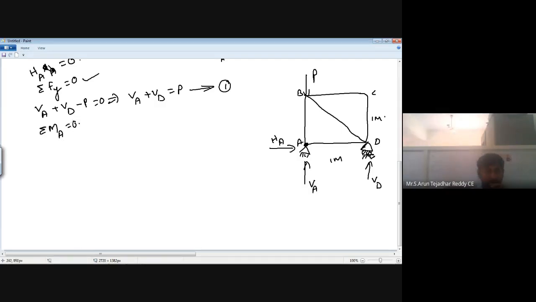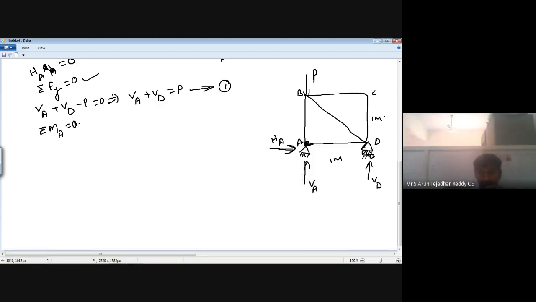It means whatever forces are passing through point A, all are 0. Suppose I take HA, HA is passing through joint A, so HA is considered as 0.